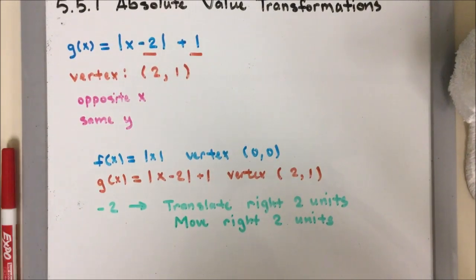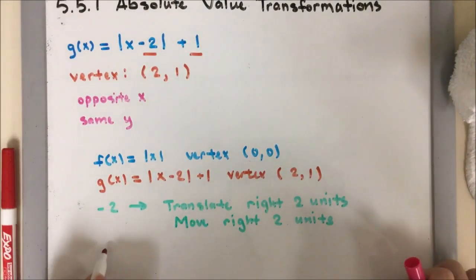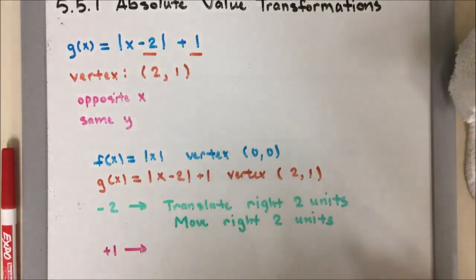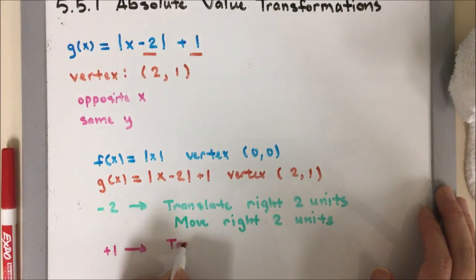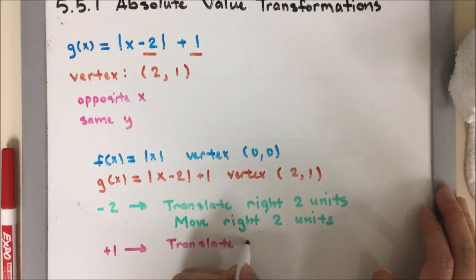Now let's talk about the number that's outside. So the plus 1 that's behind the absolute value, when we compare the graph and the y values of the coordinate points, we saw that it translates up 1 unit.